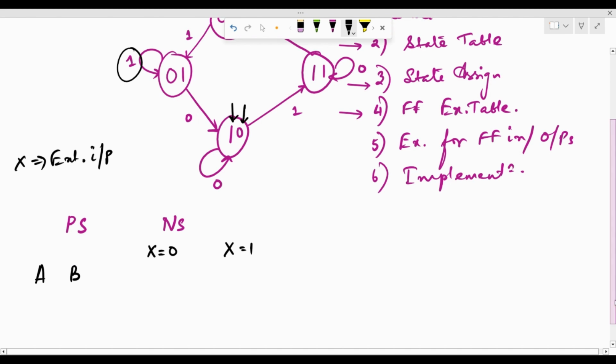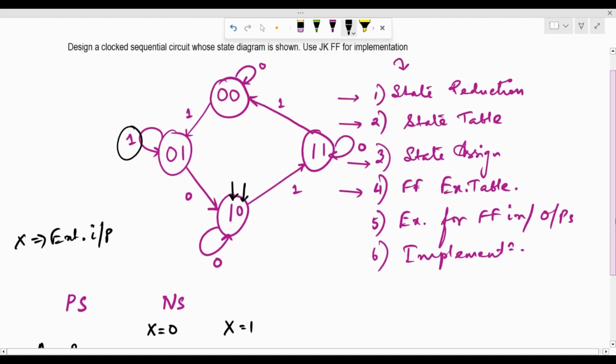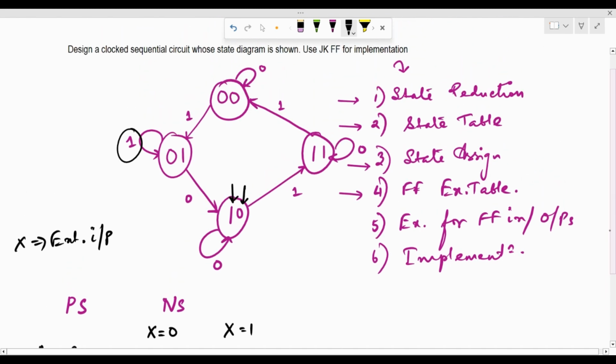Now, looking at this, we can actually determine how many flip-flops we need. Every state is represented by 2 bits because there are a total of 4 states. So we require a minimum of 2 bits to do that, which means we will require 2 flip-flops to implement this particular example.